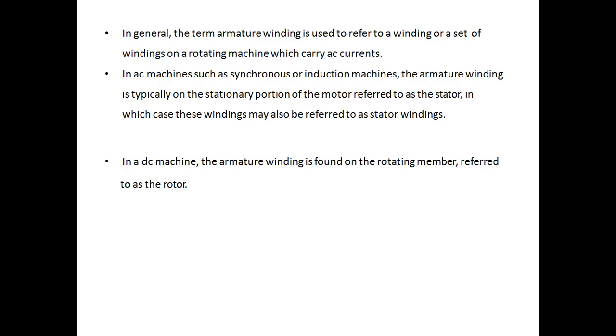fourth unit. This induction machine, the AC machine, these things we are supposed to study in the fourth unit. At that time what we will say, the armature winding is typically on the stationary part, but when we are studying the DC machine, at that time we are saying the armature winding will be our rotating part.